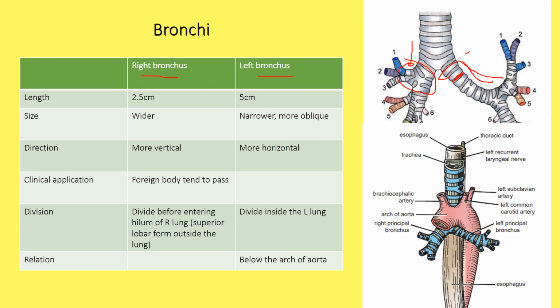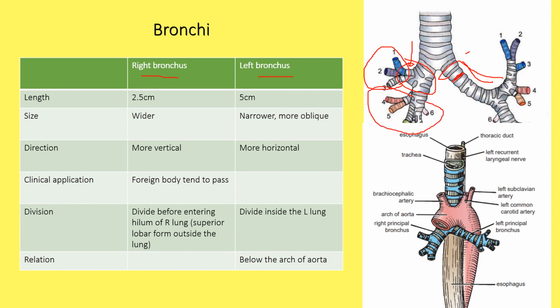Now I'm going to talk a little about the division of the right bronchus before it enters the lung. The right principal bronchus divides into the superior lobar bronchus before it enters the lung here. For the middle and inferior lobes, it divides fully in the lungs.